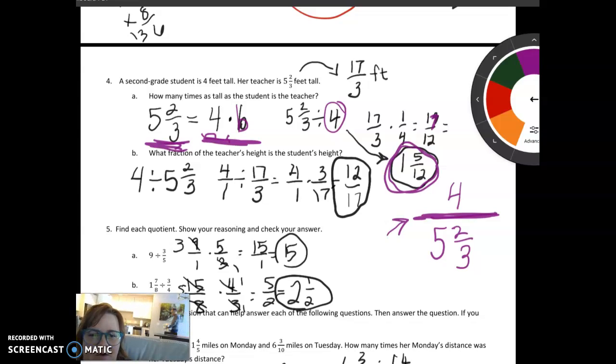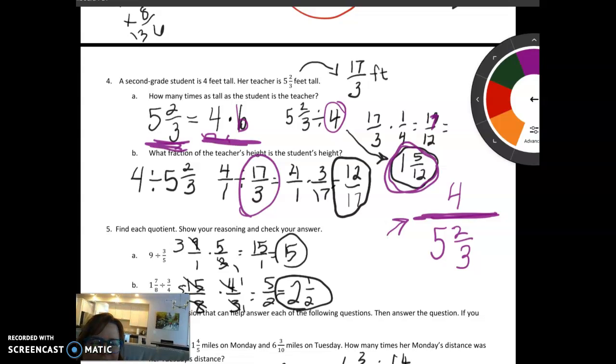So I'm writing this out as 4/1 divided by 5 2/3, which is also 17/3 when it's written as an improper fraction. So I've got 4/1 times 3/17, of course, because I'm multiplying now by the reciprocal. And that equals 12/17. And that makes sense, right?